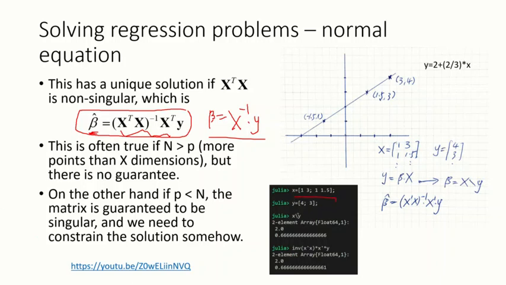You remember we had this. If you do this operation, x transpose times y, you get the same result as the inverse of this. Basically, just copy the formula to here, and you get the same results.